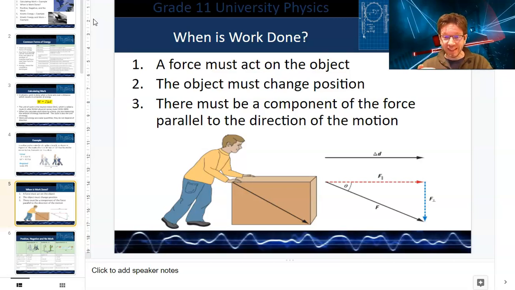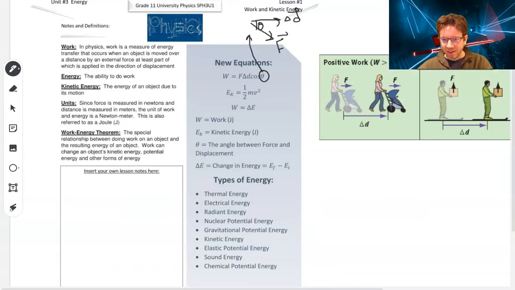Okay, and three, this one's a little tricky, but there has to be some component of force parallel to the direction of motion. So let me expand on that a little bit. Let's say, for example, that I was holding this pen, and I move my hand perfectly horizontal.